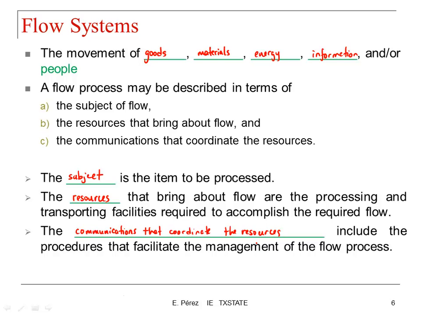So if you're familiar with the Toyota production system, there's certain things that they do, like the Kanban system, that allow you to know how many units are required. If you're starting in one of your stations, then you will know right away because of the system of cards that they have available, and so on. So those are part of the communications between resources.